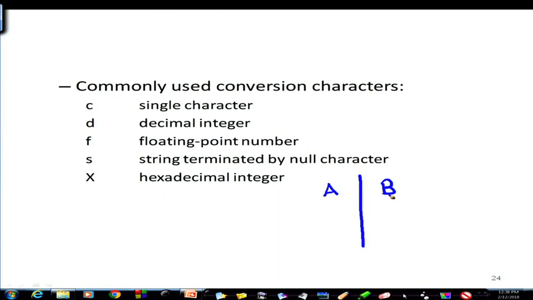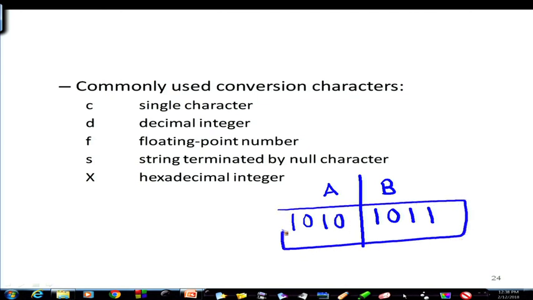B is 11, that means 8, 2, 1, and 10 is 8, 2. So, I would have required 8 bits for representing 171, which I am representing using 2 hexets, all right. So, that is a hexadecimal integer.